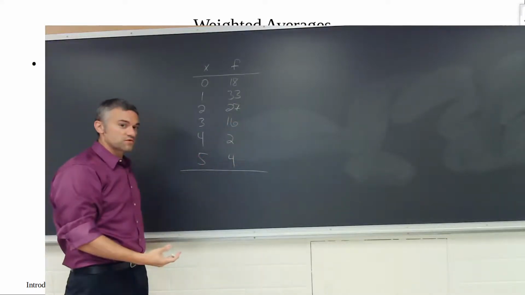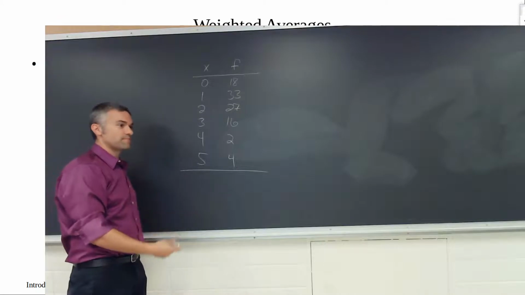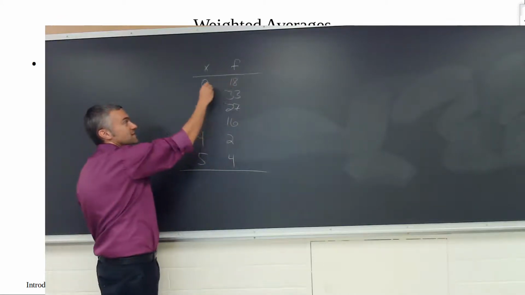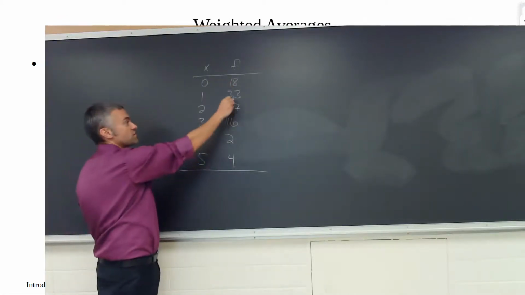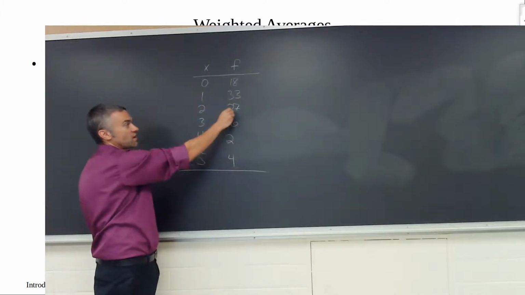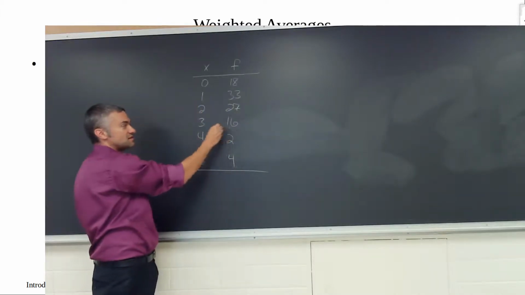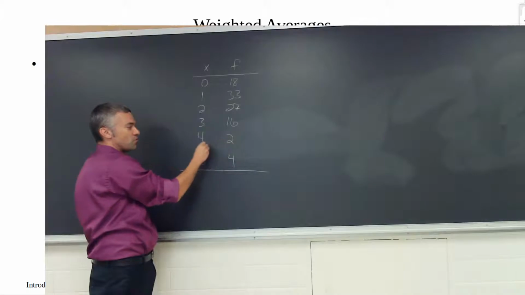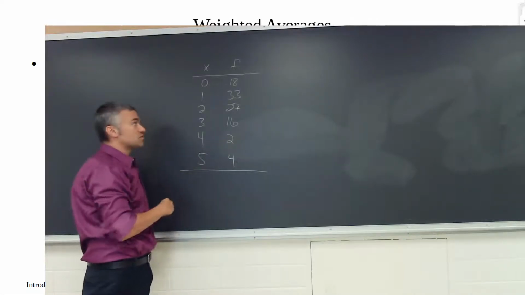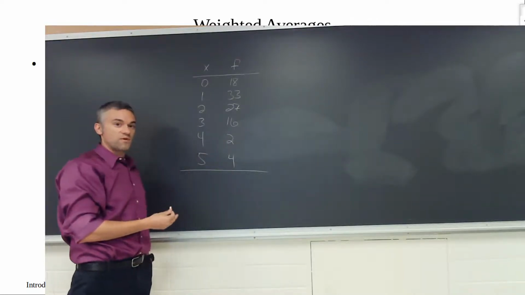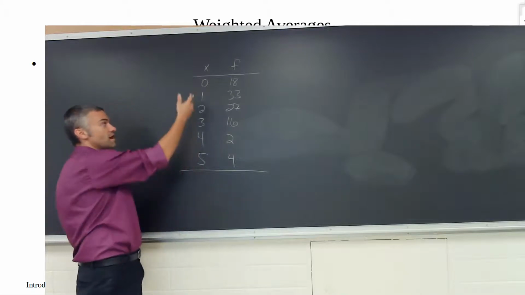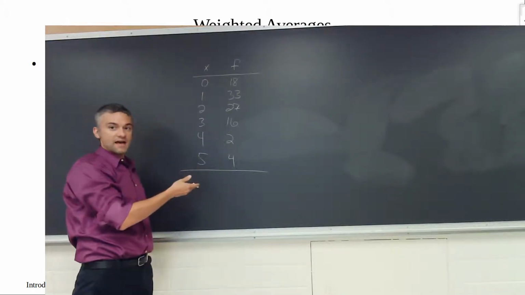What does this frequency table represent? It means we have 18 zeros in our data set, 33 ones, 27 twos, 16 threes, 2 fours, and 4 fives. So when would this be? Well, maybe we're counting up the number of children that each family has.